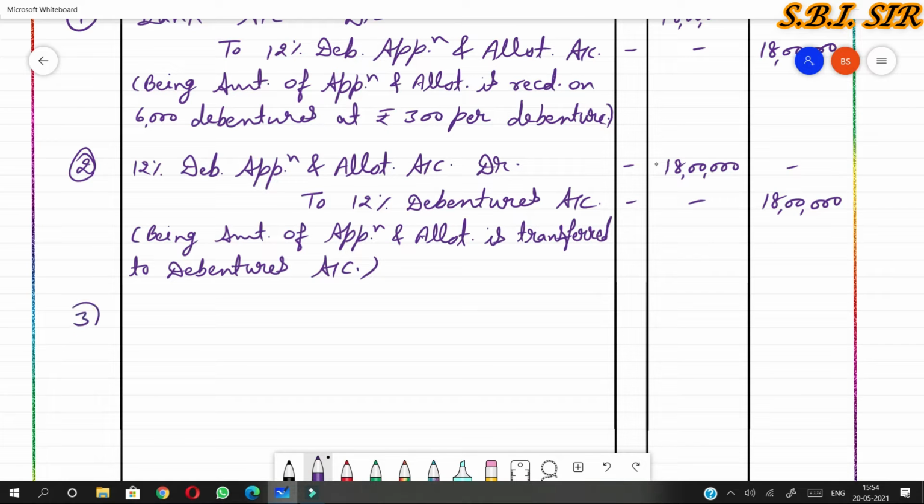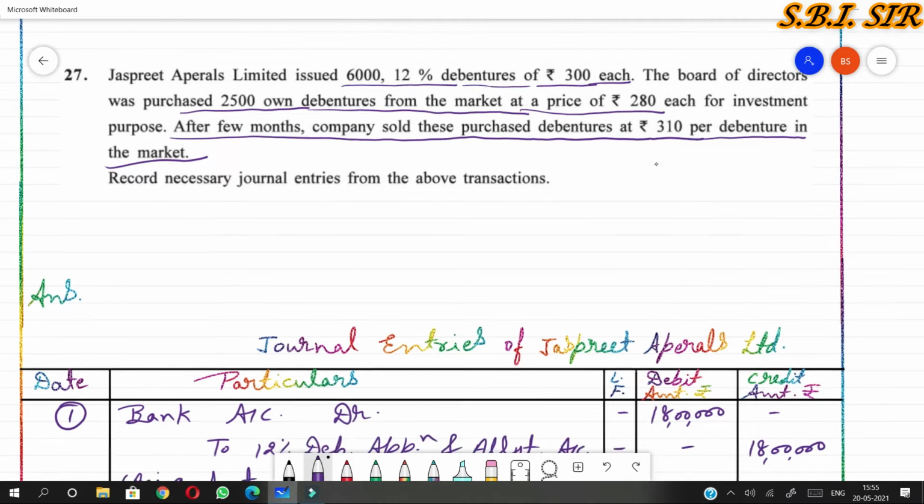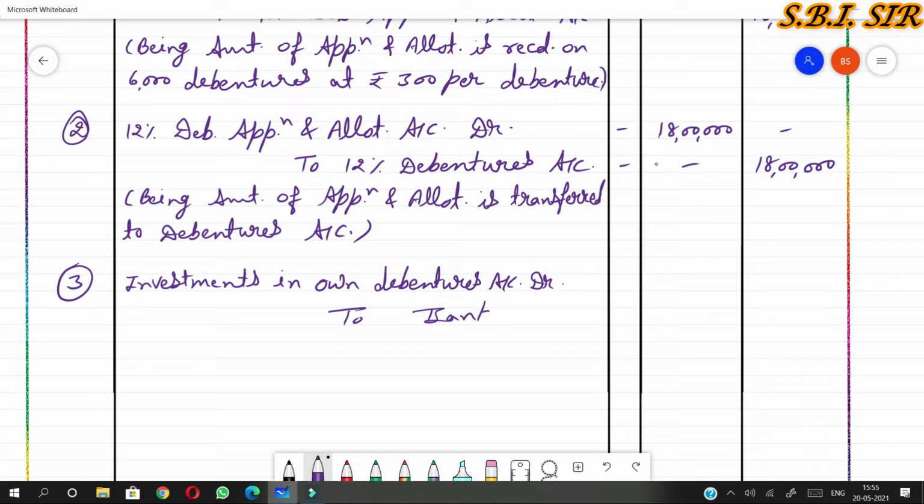Then students, in the third entry, the company will purchase its own debentures from the market at a price of 280. 2,500 multiplied by 280, and the entry will be: investments in own debentures account debit, to bank account. 2,500 multiplied by 280, the amount will be 7 lakh.